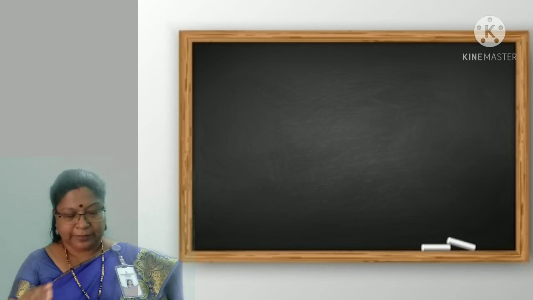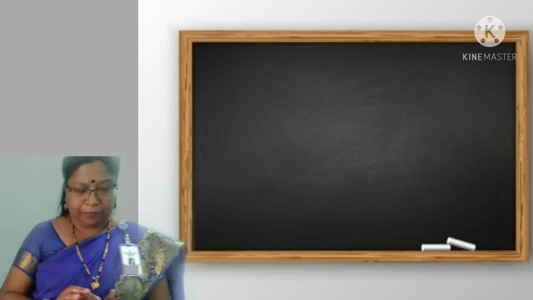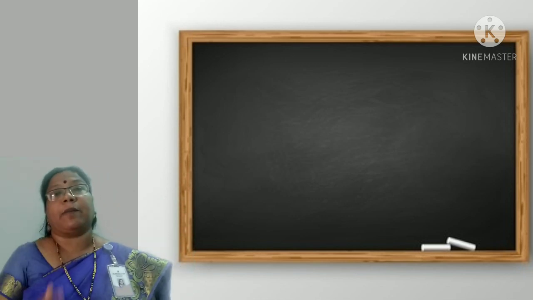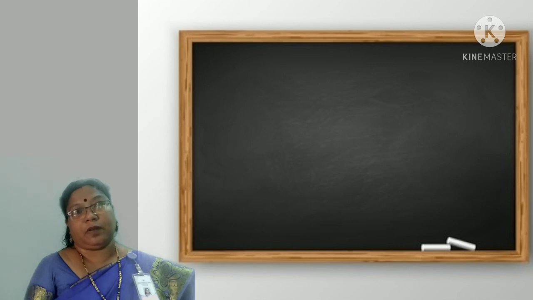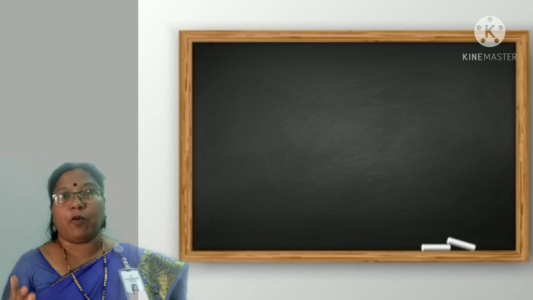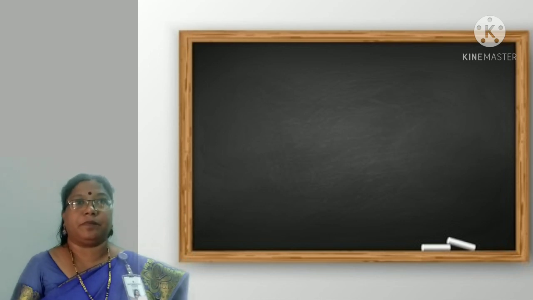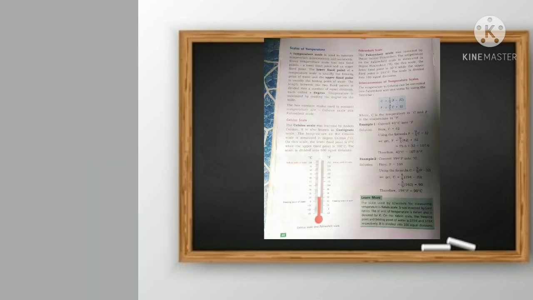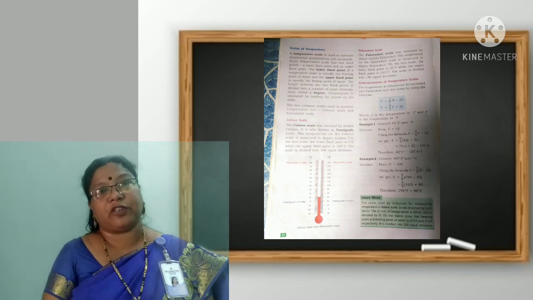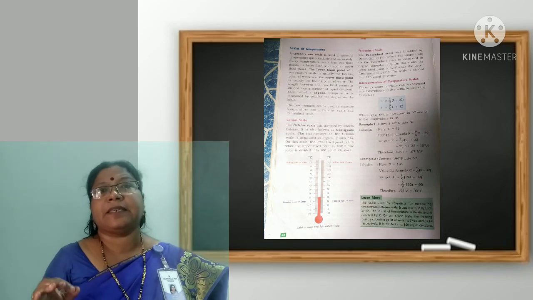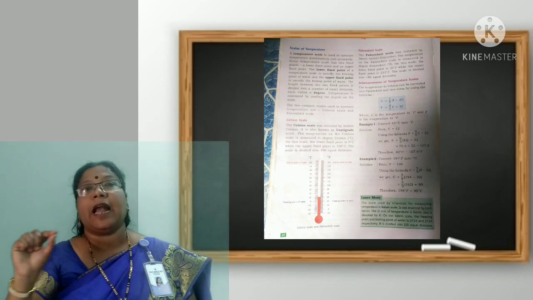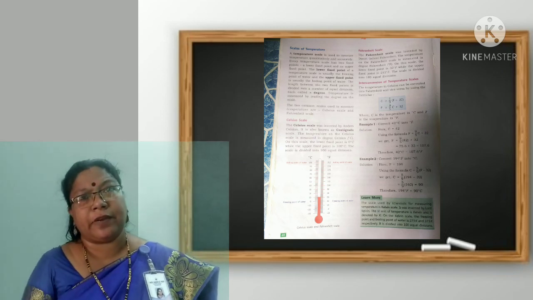Before studying about the thermometer, we have to study what a thermometer is and how it works. A thermometer is otherwise known as a temperature scale. A temperature scale is used to measure the temperature quantitatively and accurately. What do you mean by quantitatively?